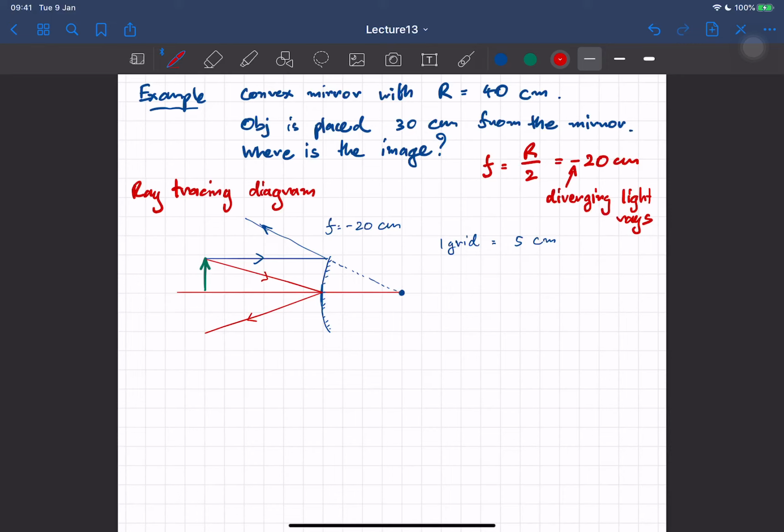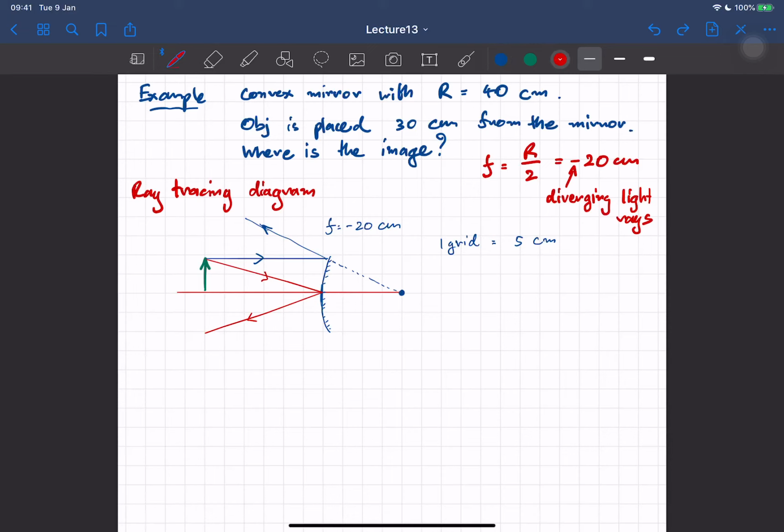Okay, so you can see that the light coming out, which is this one and this one, they do not intersect. Again, similar to the diverging lens that we talked about last time. They are not intersecting each other. But if you look at this light ray, your eyes will get fooled by the path of the light.